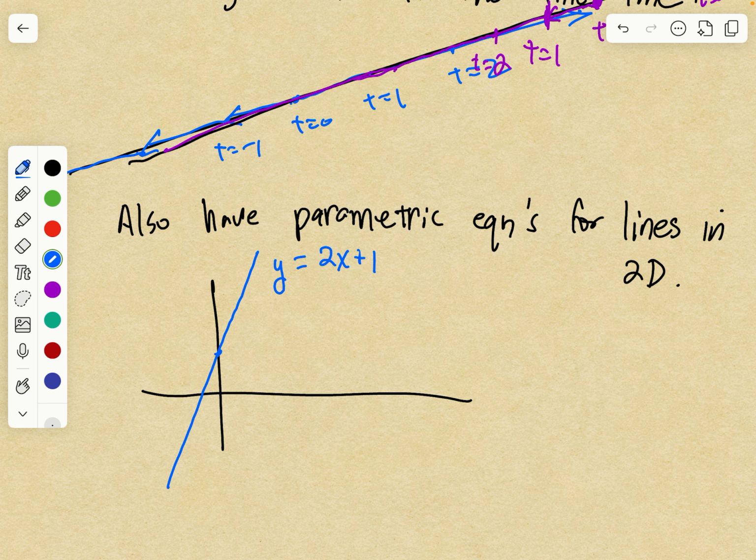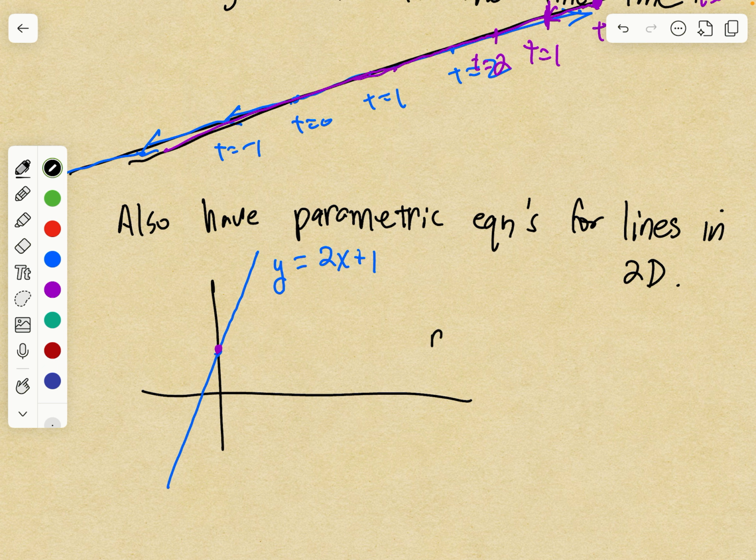And how can you get a parametric equation for this line? Well, you pretend that this line's like a highway, and you need to make your car go along the line, and you need to make it start somewhere. So why not make it start at the y-intercept? I mean, it doesn't matter. The y-intercept is at 0, 1.